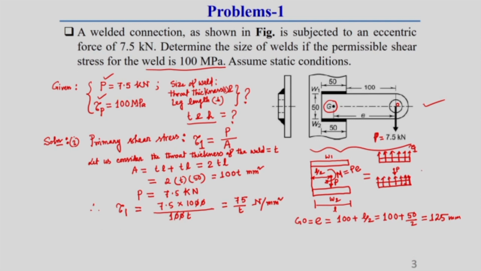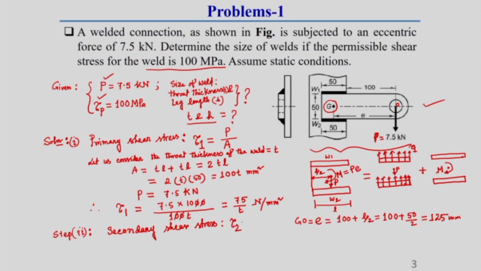Now, due to this moment, or couple M, there will develop a secondary shear stress. So, now we have to find out the secondary shear stress. In step 2, we will find the secondary shear stress, tau 2.